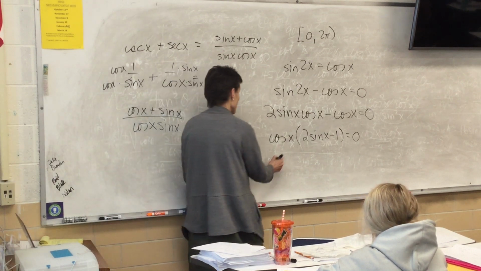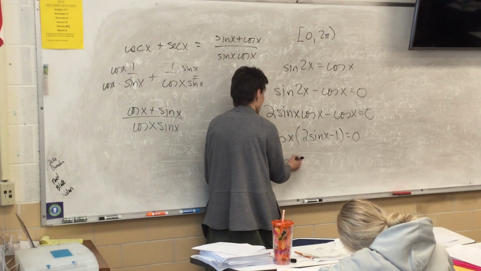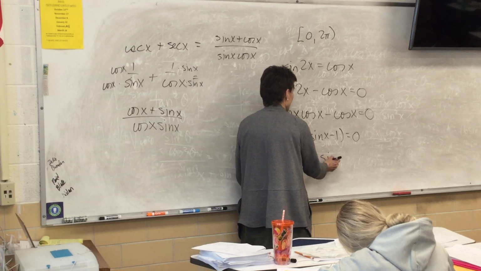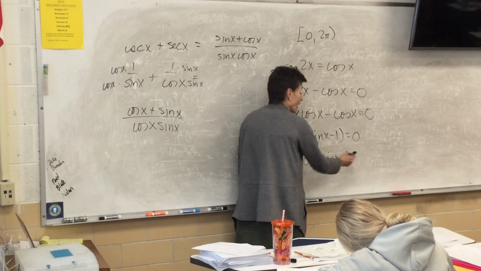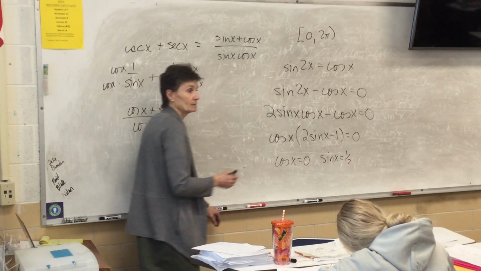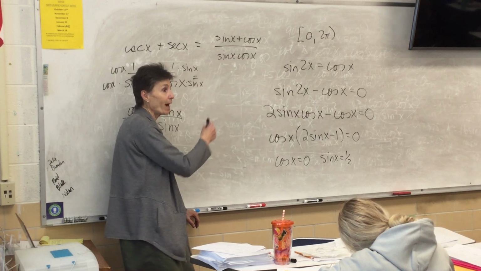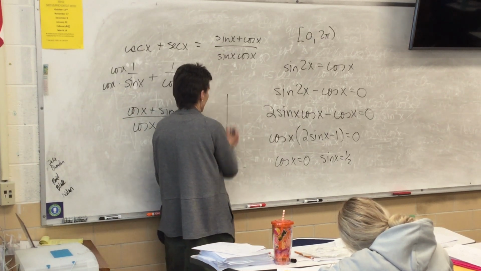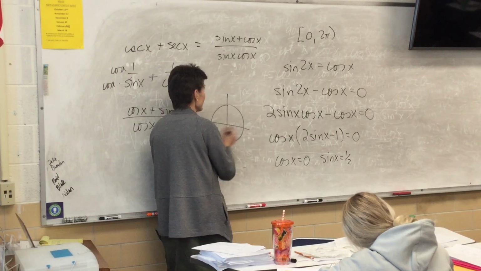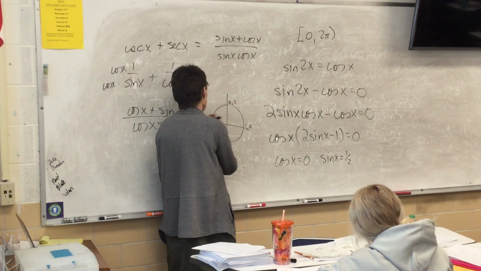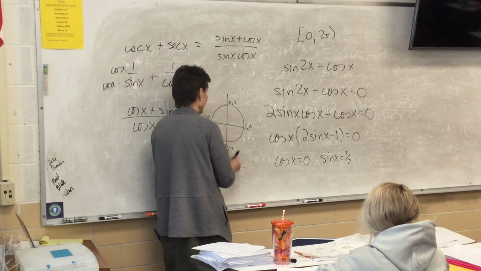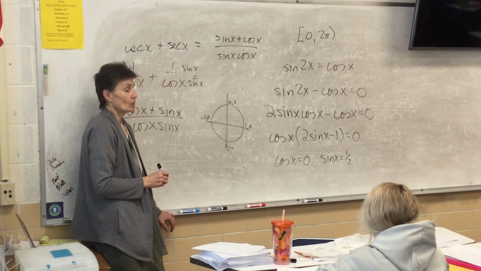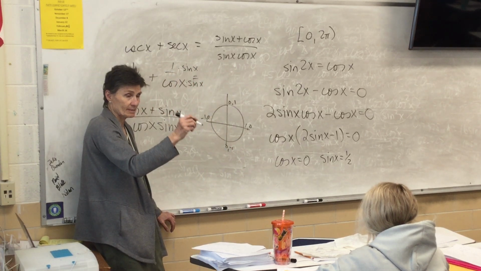2 sine minus 1. Set each equal to 0, so cosine equals 0, or sine equals 1/2. This is a lot like the one we did earlier, except this is a cosine is 0. Where is the cosine 0? As we go around our circle, cosine is x.